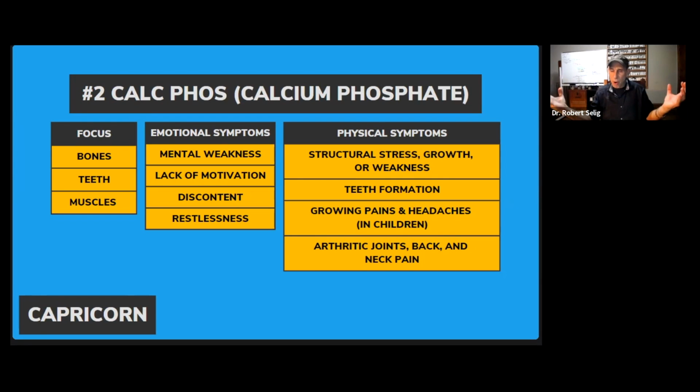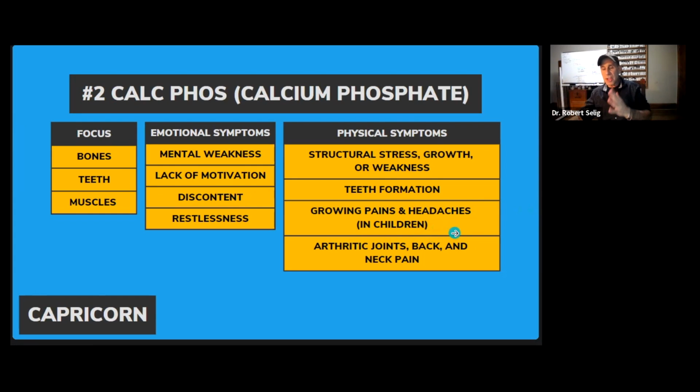When we think bone cells, we're not just thinking dead rock. We're thinking the bone cells are what's making your red blood cells, your white blood cells. So when we see anemias, leukemias, when we see a compromised immune system, we're going to think calcium phosphate because it helps build the cells in the body. And so we can see a lot of growing pains in children.